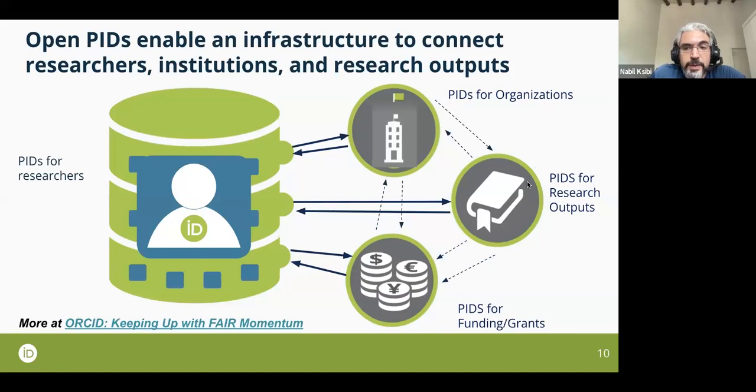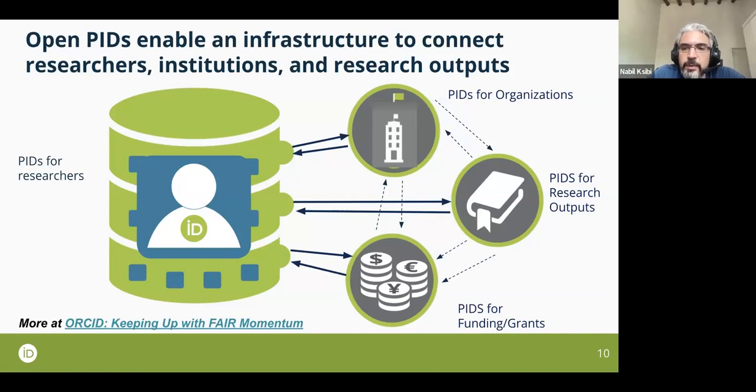There are also PIDs for research outputs, and those PIDs are very important as well to register the work and the activity of the researcher or the author. And the different types of persistent identifiers for research output are also included in the ORCID registry.